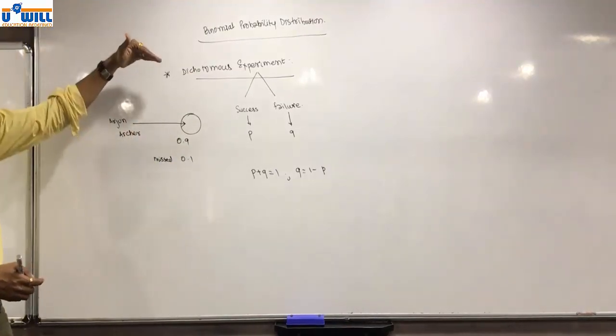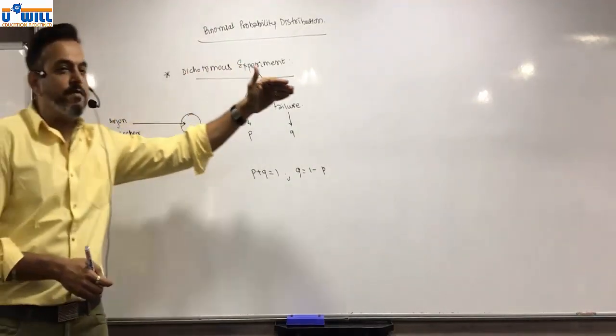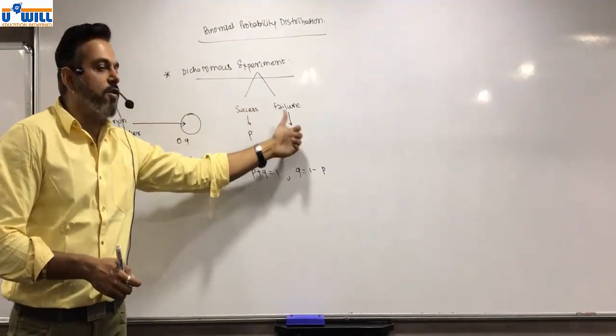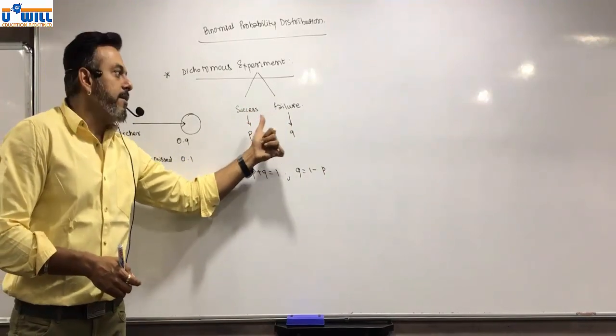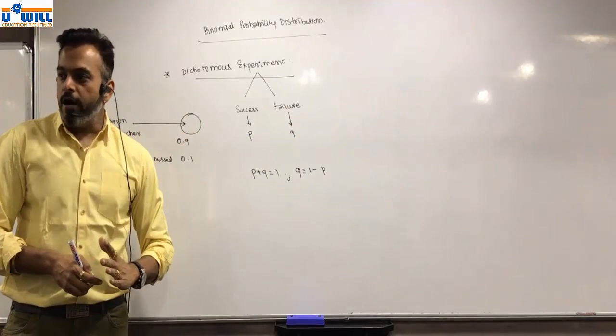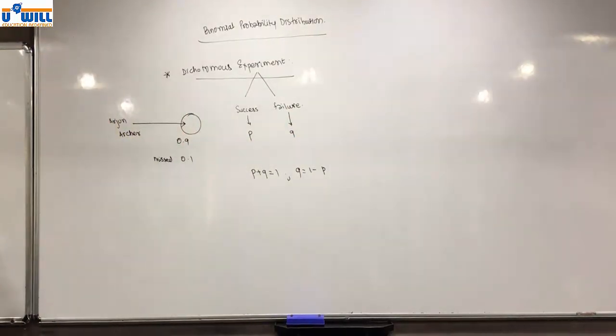Okay. You understood what is this experiment? Dichotomous experiment. It's an experiment which has only 2 outcomes: pass or fail, or success or failure. The probability of getting success is P. Probability of getting failure is Q. Got it? Okay. लिख लो.